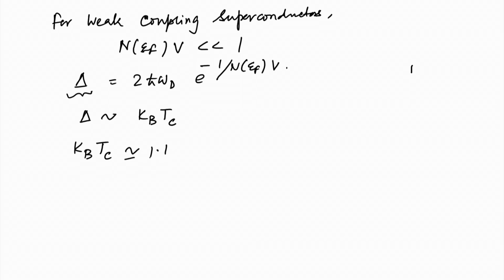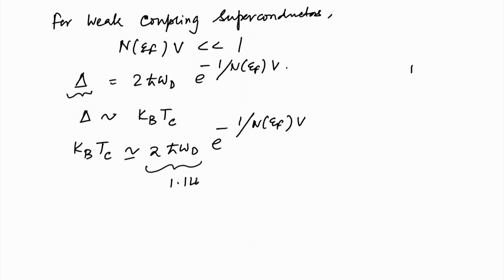It is actually 2 here, as we have written there. A very accurate calculation shows that this is equal to 1.14, and so the TC expression is obtained from here. We will just do it in a minute.